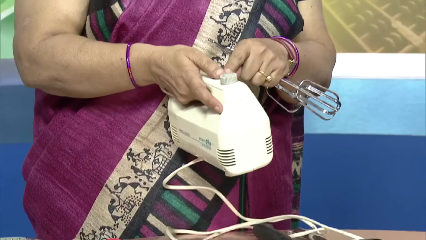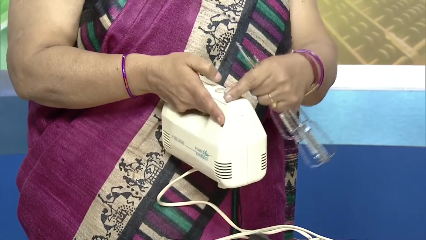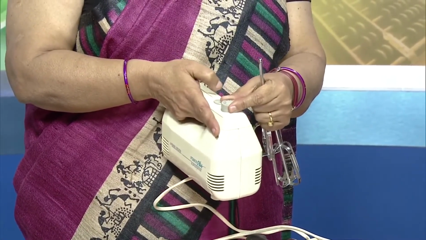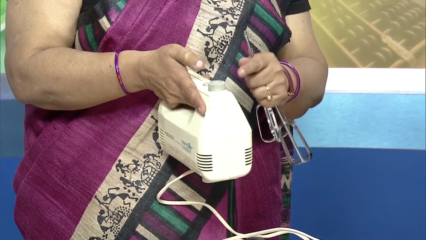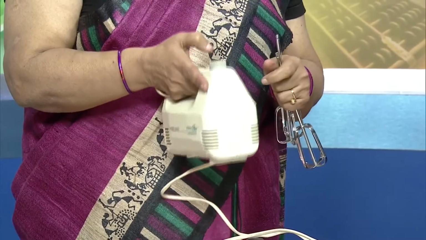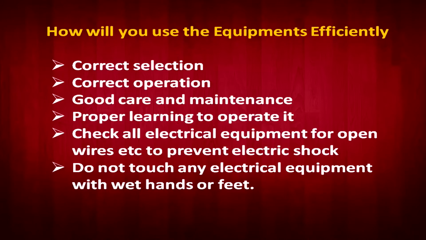So I must know how to operate it, and this is the button. We can change the setting and the speed. So all these things should be known to us before operating it. Then another very good point is good care and maintenance.